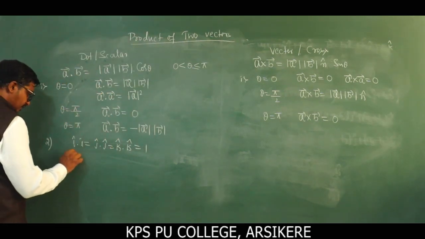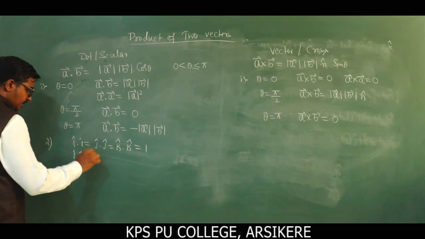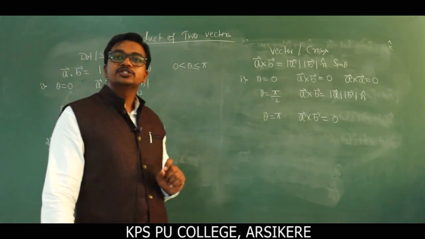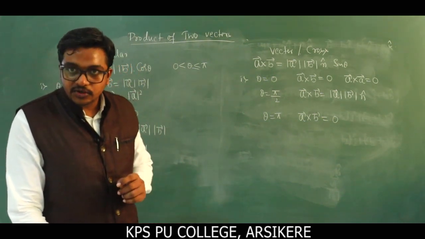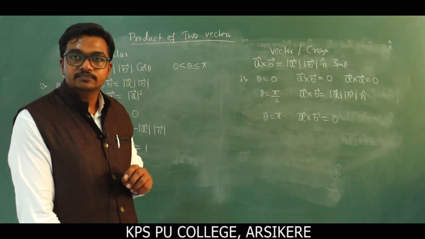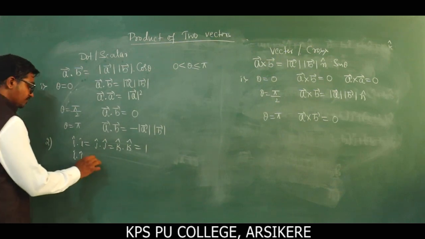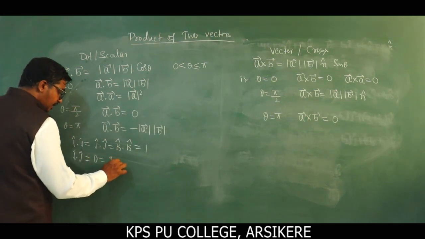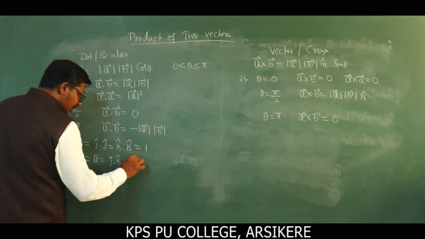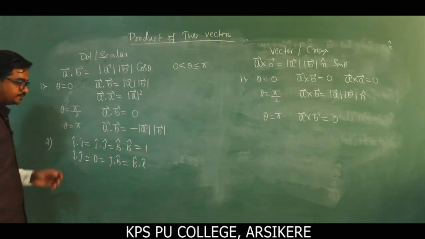If I go with another vector, I dot J, I is the unit vector in the direction of x axis, J is the unit vector in the direction of y axis. So they are perpendicular to each other, which means their dot product is 0. Similarly, J dot K is also 0. Similarly, K dot I is also 0.